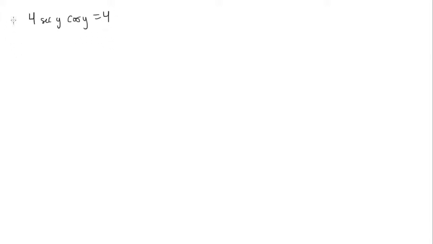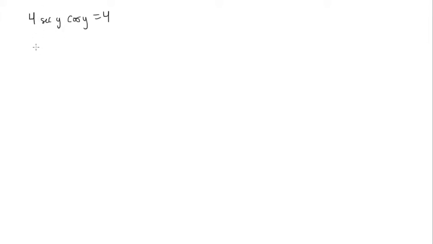My rule of thumb with these is to start with the more complicated side. Here 4 sec y cosine y is clearly a more complicated expression than 4, and so that's the better place to start because there's a lot that we could do here. For example, what do we know about cosine versus, say, secant? Well, secant is 1 over cosine.